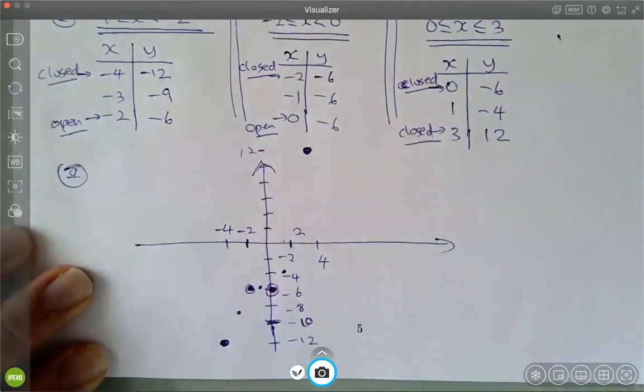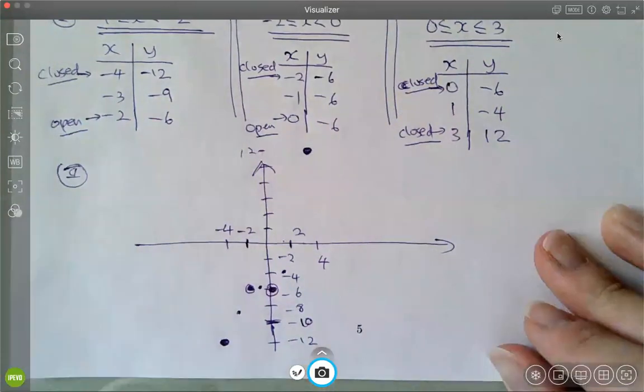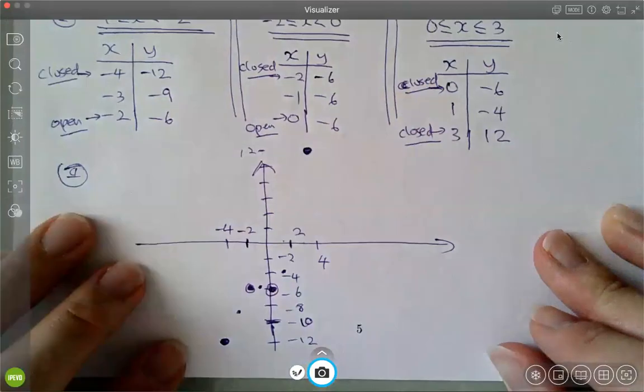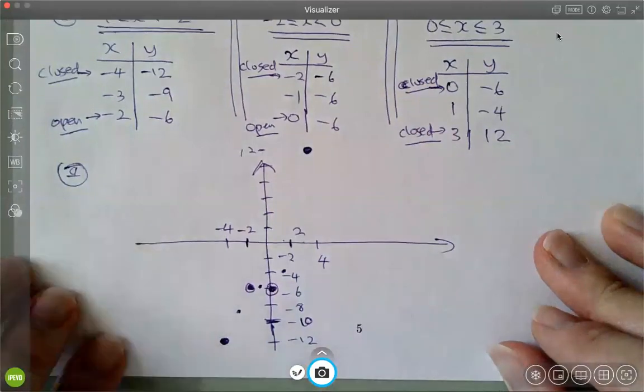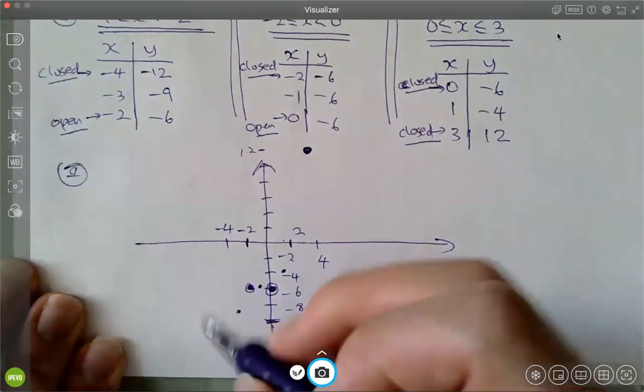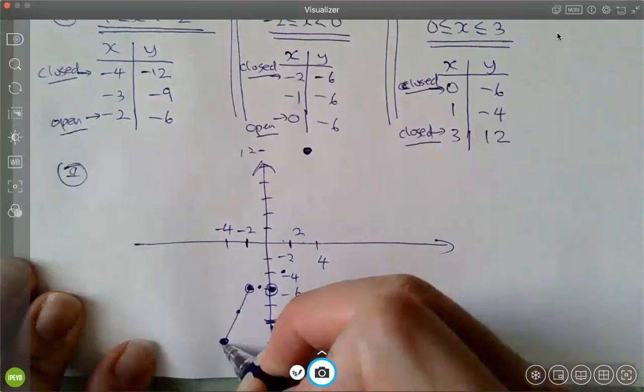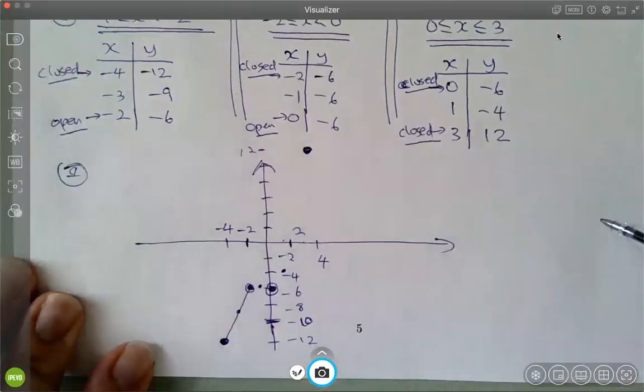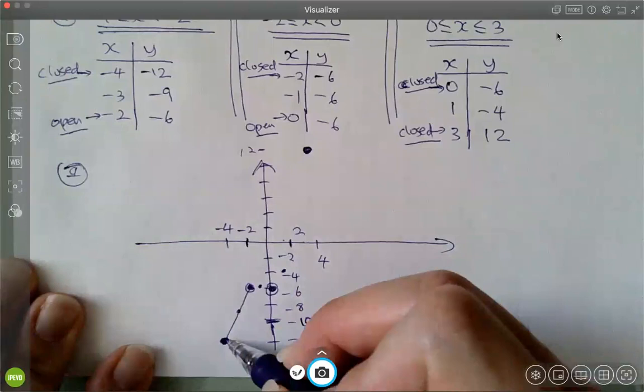Okay, so now we plot every point. And now, can you see the shape of the graph? So first, the first 3 points, they are a line, right? And now, remember, we do not extend our graph beyond this point, or even this, right?